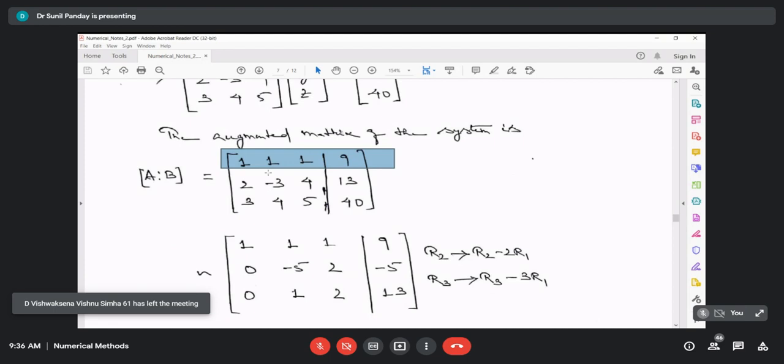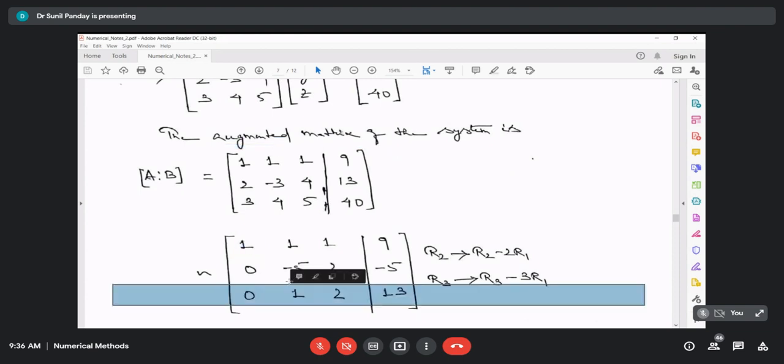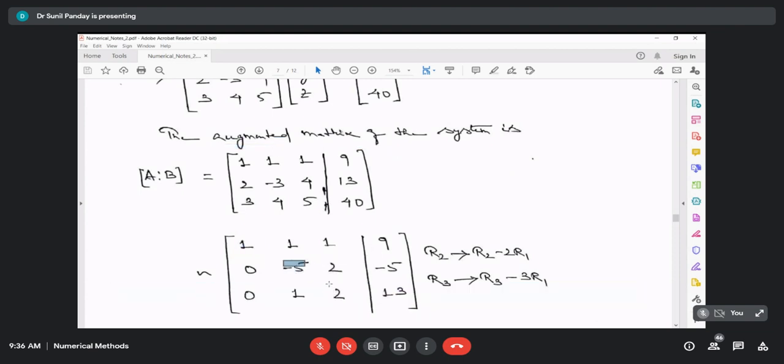Now in this, I have to make first 0 below the diagonal element, because this is the A11 entry. If I represent this augmented matrix by generalizing the index Aij, i ranges from 1 to 3 and j ranges from 1 to 4. Then I have to make 0 below this entry, below this entry, and above also.